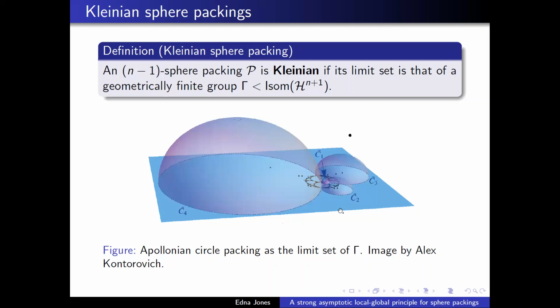So what I'm saying here is if I took a point in hyperbolic space, looked at the orbit of this point by this group generated by reflections through those hemispheres, the limit set of that is a circle packing, in this case, the Apollonian circle packing. And yeah, an Apollonian circle packing is a two-dimensional Kleinian sphere packing.